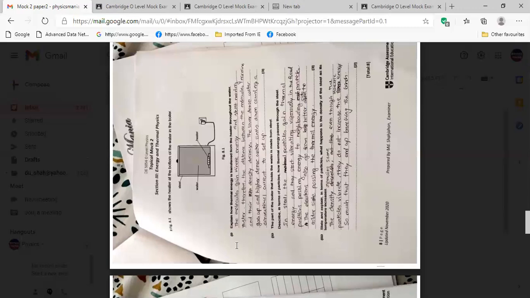Even though the particles vibrate, they do not increase the kinetic energy so much that they end up breaking the bonds. Sir, the steel's density does not change, right? Because it is a solid. But if it was water, the density would have changed.